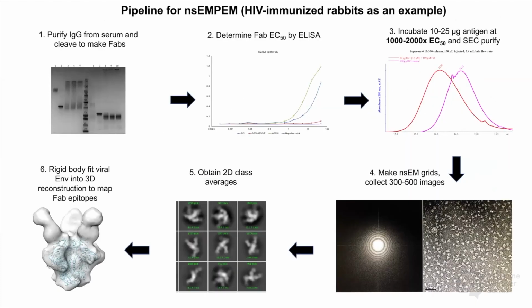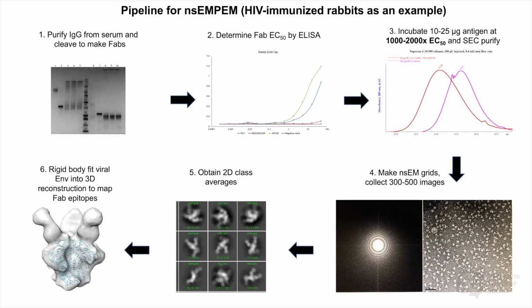So let me show you the typical pipeline for a negative stain EM experiment to do polyclonal mapping. This is based on Christopher Barnes, the postdoc in my lab who led this work. He worked it out in sera from HIV immunized rabbits. So you take the serum and you purify IgGs from that. You cleave it to make the antigen binding fragments.